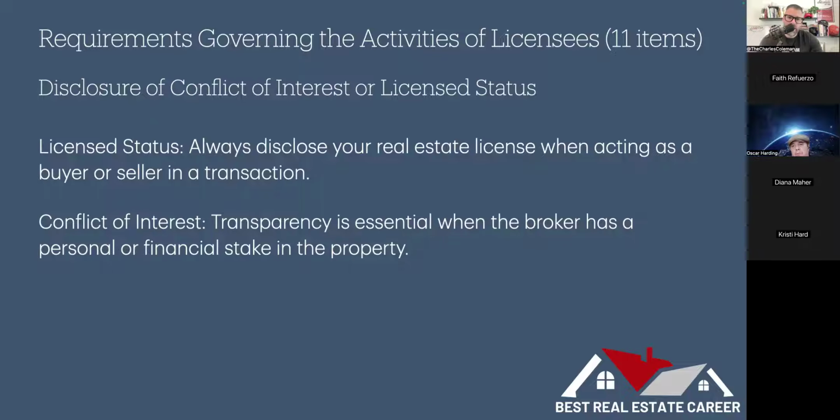So anything that happens with your license status, and if it happens to your managing broker's license, it happens to yours as well, right? If their license goes inactive, gets suspended, or gets revoked, your license doesn't get revoked, but it goes inactive because you have your license under somebody. You are part of a multiple person firm and you have an employing broker.